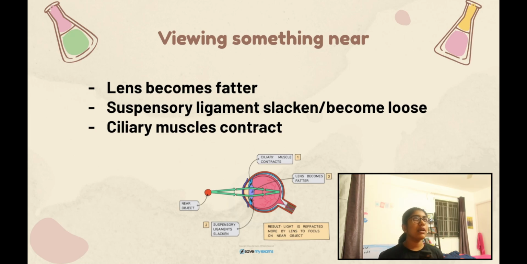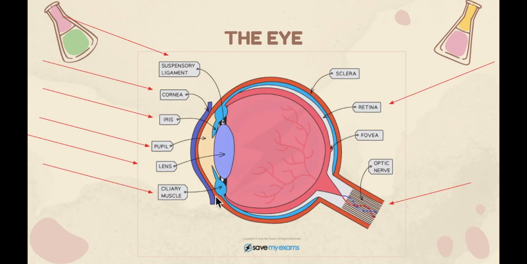So if you think about it, your lens becomes fatter when you need to view something more near. Your suspensory ligaments hence become loose, because if your lens needs to be fat, your suspensory ligaments don't really need to pull on anything, and then your ciliary muscles contract. This is just because the ciliary muscles are these little fat things here. If you remember from the previous diagram, the ciliary muscles are these fat things, and the suspensory ligaments are these thin wire-looking things.